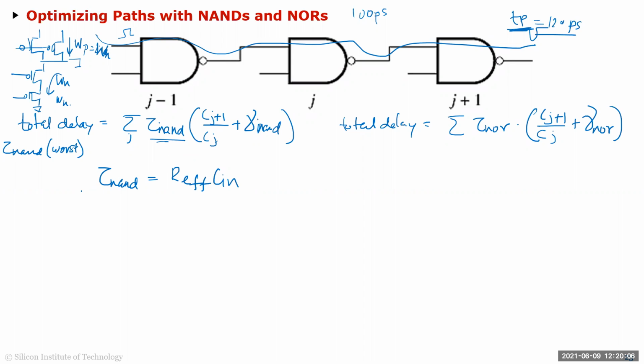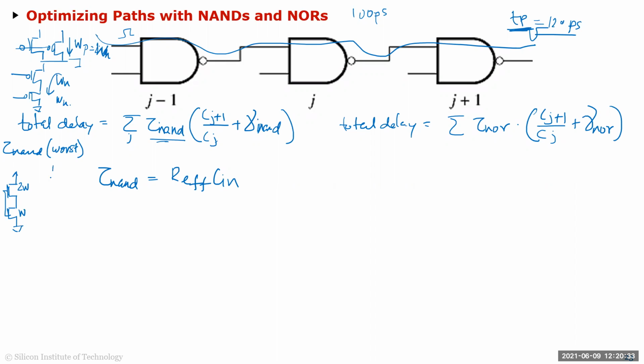Just give me a second here. So if you want to equate the delays of an inverter, so if for the inverter we had 2W and W, right? Because we're saying PMOS is twice as slow. So this will equate it, right?